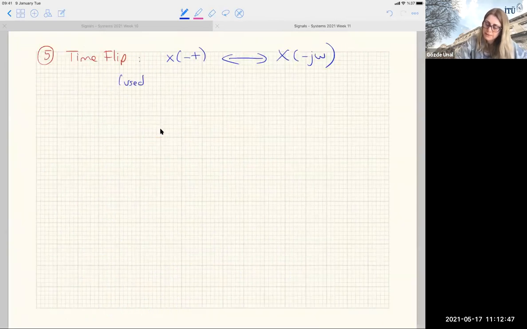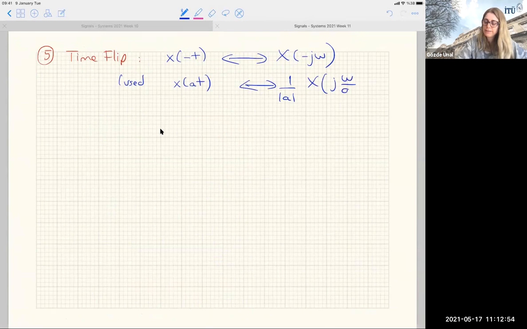We used x(at), remember, it was 1/|a| X(j omega/a). Here a was -1, right? With a equals -1. We used the previous property.